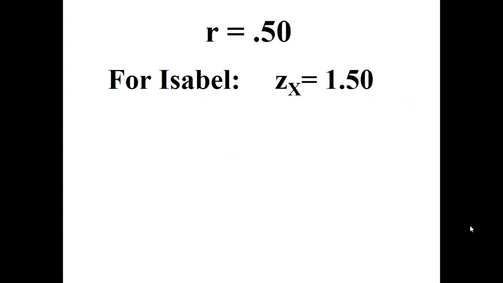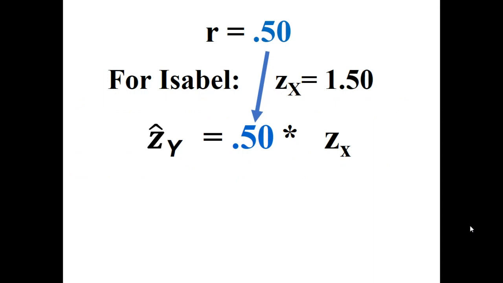Now, here's the information that I gave you a minute ago. The correlation of the midterm and final grades is 0.50. Isabel's score on the midterm, that is on the predictor, has a z-score of 1.50. Now we're going to use the magic formula to estimate Isabel's score on the final.